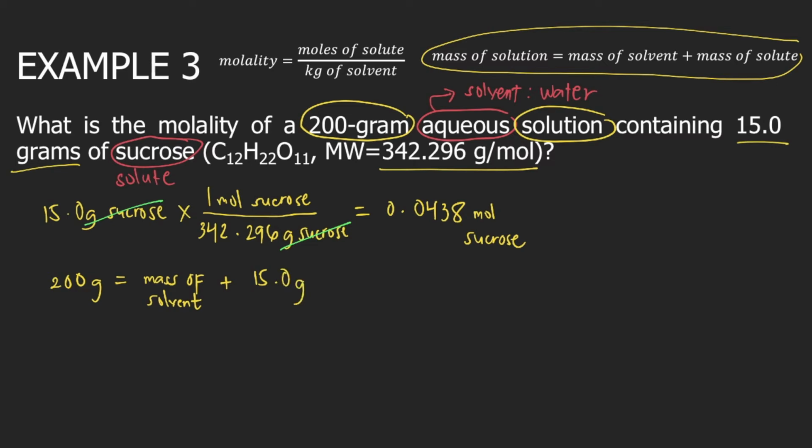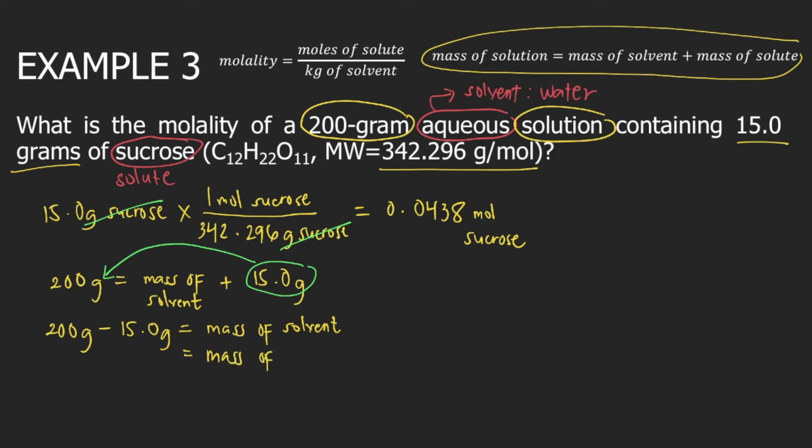So to solve for the mass of solvent, you transfer 15 grams onto the other side and it becomes negative. So 200 grams minus 15.0 grams, this will be the mass of solvent. So the mass of solvent is equal to 185 grams.